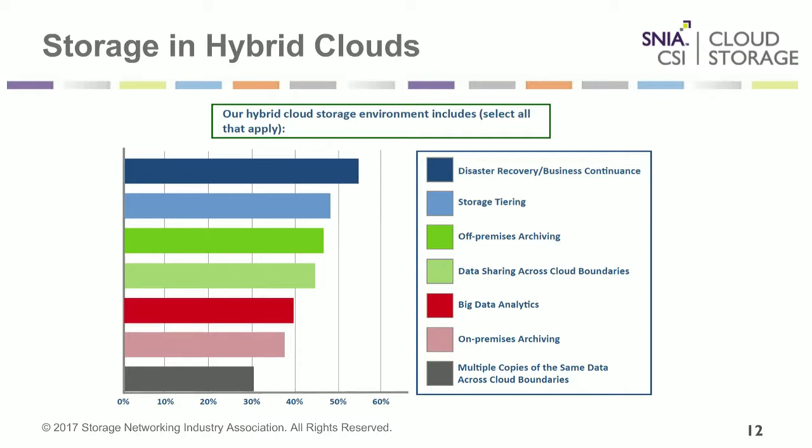Mark is going to go into a little more detail in his presentation on data protection, disaster recovery, storage issues, tiering and archiving for longer-term retention as you go from private to public cloud.